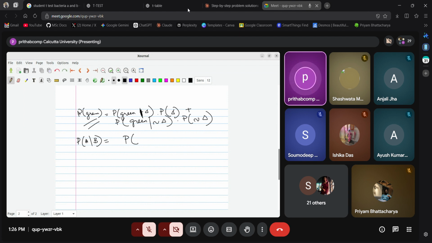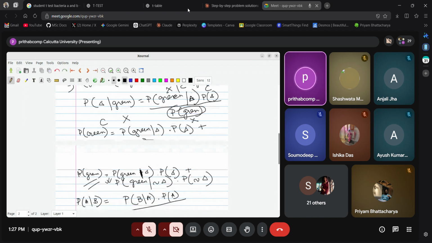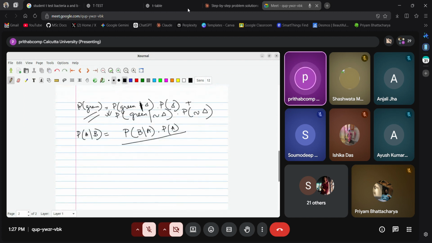It becomes probability of B given A into probability of A divided by, basically I'm writing it once again with this P of green in expanded form: probability of B given A, probability of A divided by probability of B given A into P of A plus probability of B given not A into probability of not A.